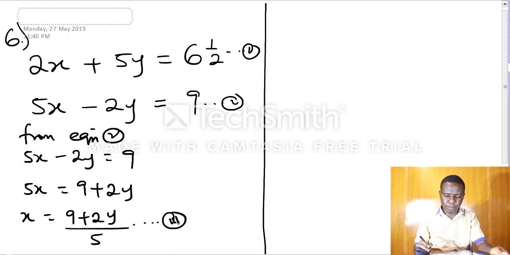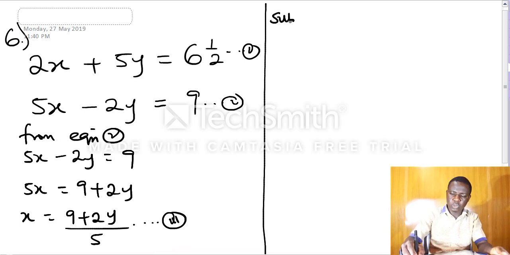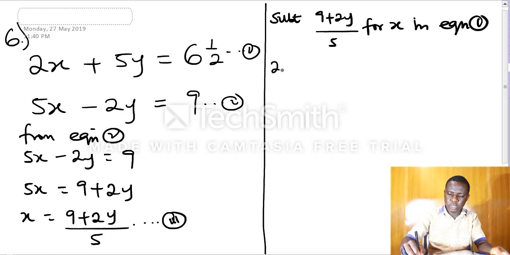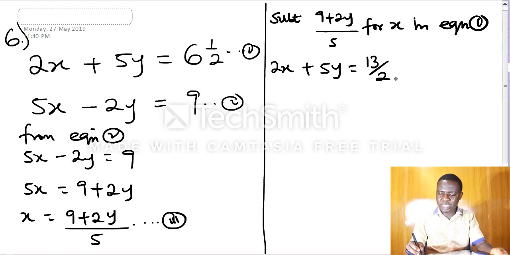Call this equation 3. We'll now substitute 9 plus 2y over 5 for x in equation 1. And equation 1 says 2x plus 5y is equal to, let me write this as an improper fraction. This becomes 6 times 2 is 12 plus 1 is 13 divided by 2. So wherever I see x, I'm going to write 9 plus 2y over 5.